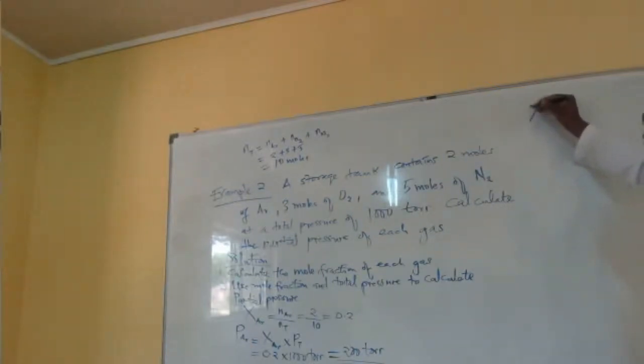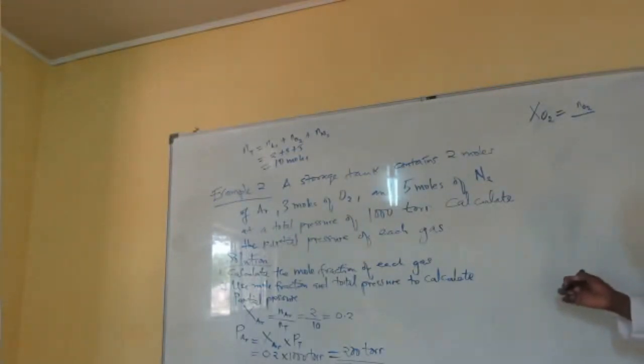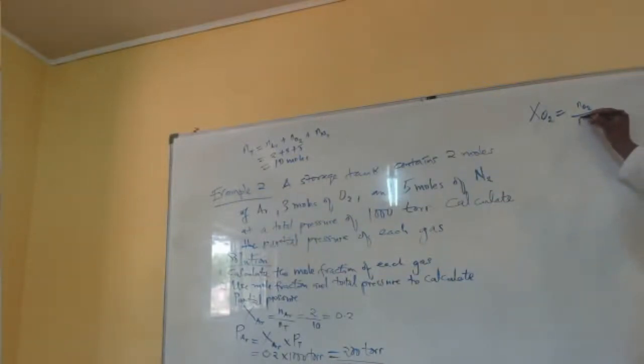The mole fraction of oxygen is equal to the number of moles of oxygen divided by the total number of moles in the container. The number of moles of oxygen is 3 over 10, which will be equal to 0.3.